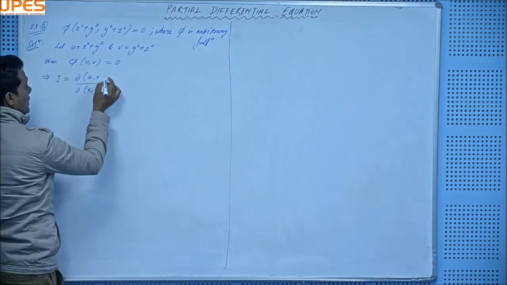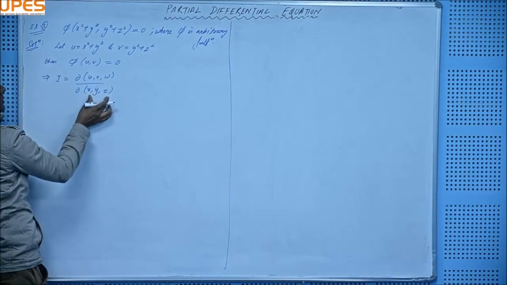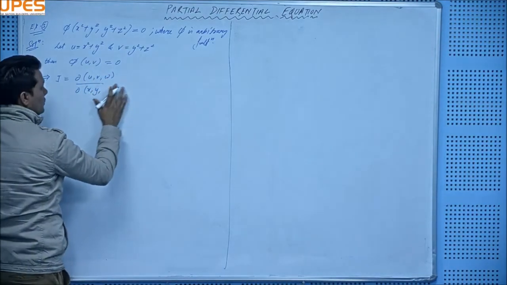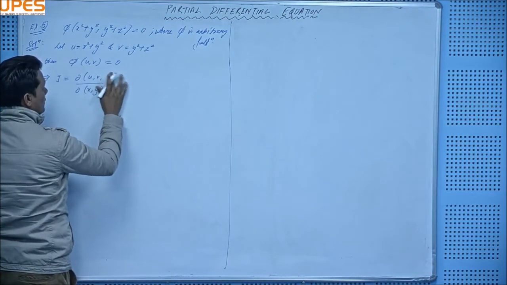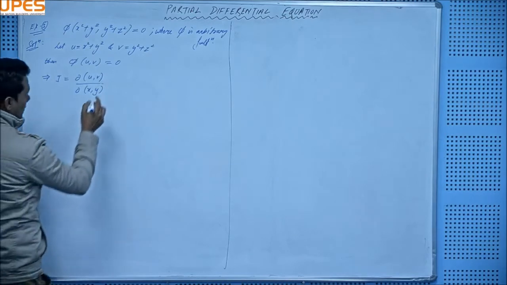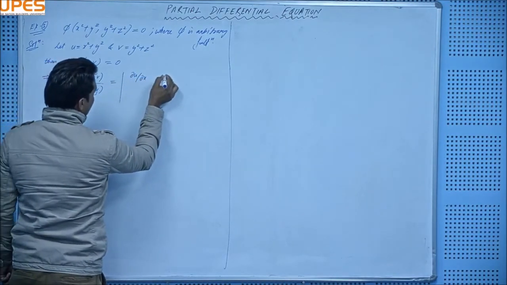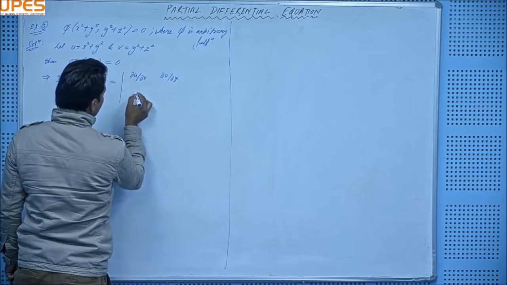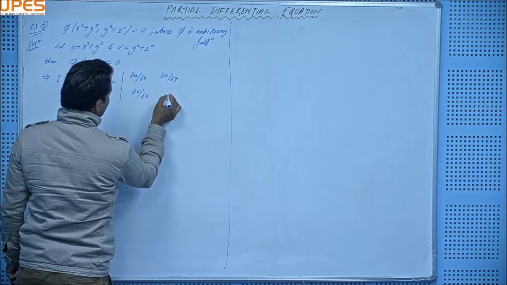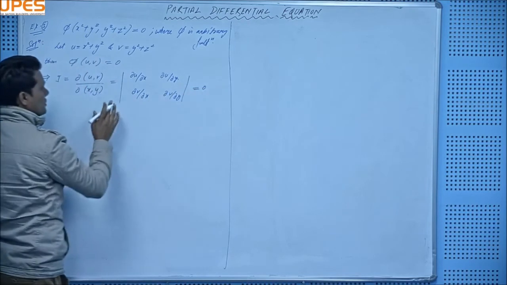In that case you would have to put w here, another variable. So the number of variables should be equal, only x, y and u, v. And the determinant is given by del u over del x, del u over del y, del v over del x, del v over del y equal to 0.